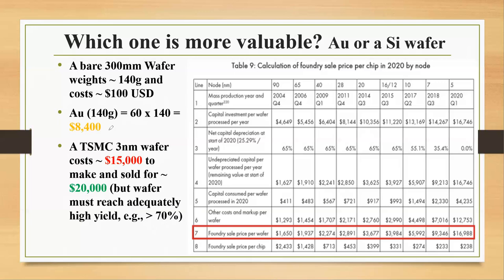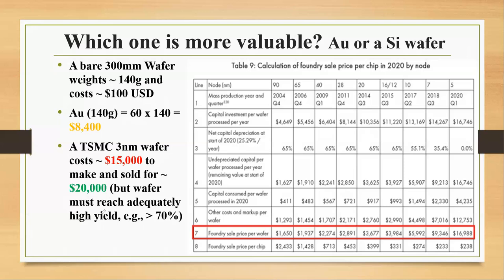That's almost equivalent to, better than, printing gold. So if your yield is adequately high, you're printing money, in fact. Every wafer you come out, you make $5,000.